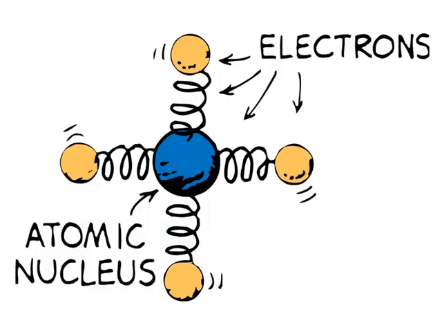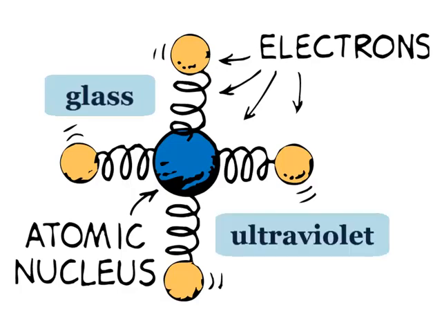The electrons of atoms in glass can be imagined to be bound to the atomic nucleus as if connected by springs. Electrons in glass have a natural vibration frequency in the ultraviolet range. In ultraviolet light, resonance occurs as the wave builds a large vibration between the electron and the nucleus.